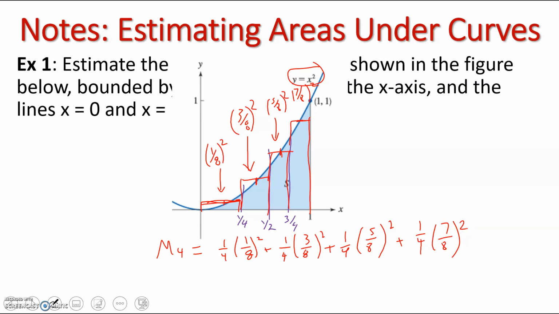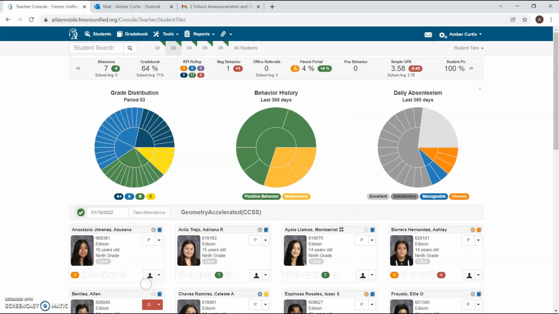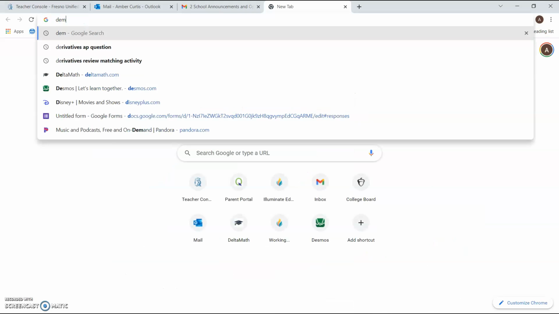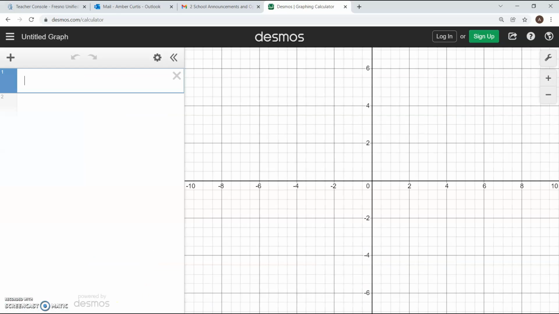And then from here, simply typing it into your graphing calculator or into, say, Desmos, we can quickly get a value for it, right?